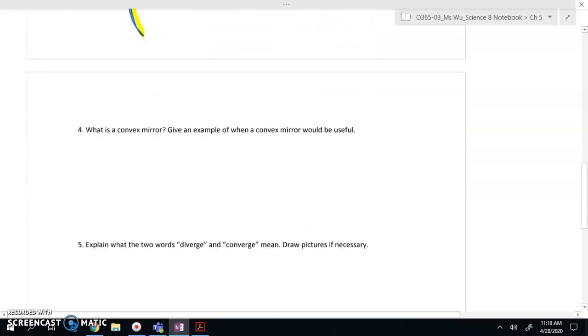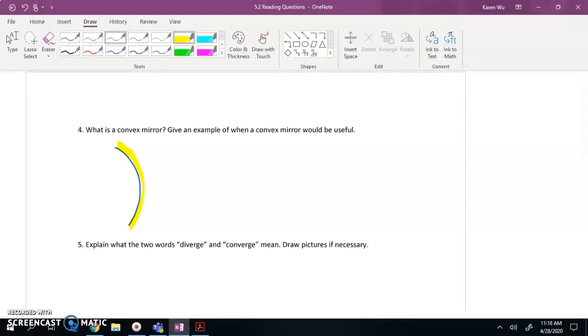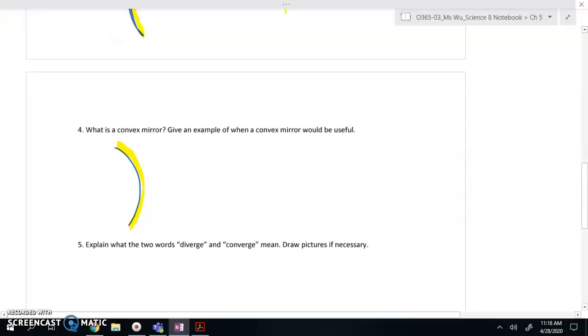Number 4, what is a convex mirror? So that would be the other way around. And if I can grab my highlighter, come on highlighter, there we go. The shiny side is on this side, curving out. And so when is this useful? Let me think. Oh, I've seen this in a store before.